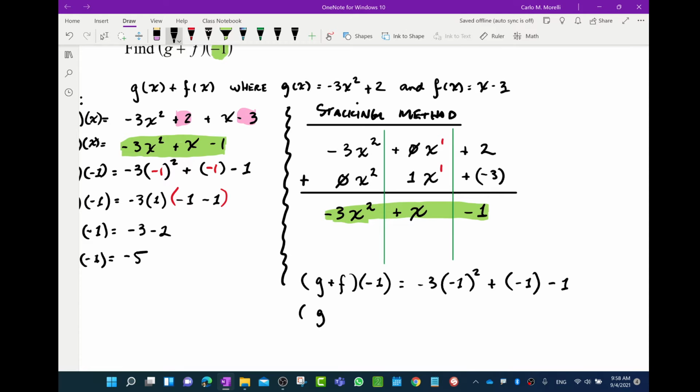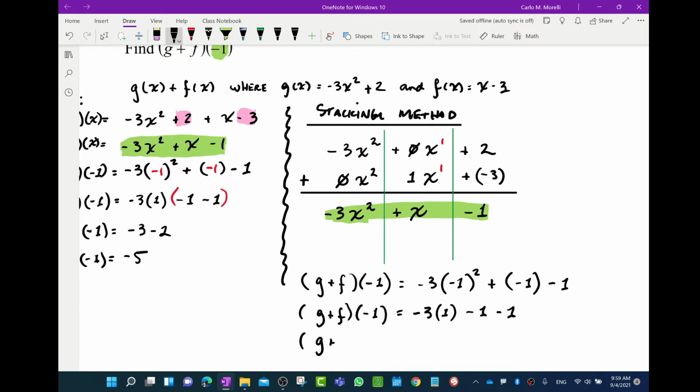So again, g plus f of negative 1 would equal negative 3, and then negative 1 squared is 1. And then we just have minus 1 minus 1.